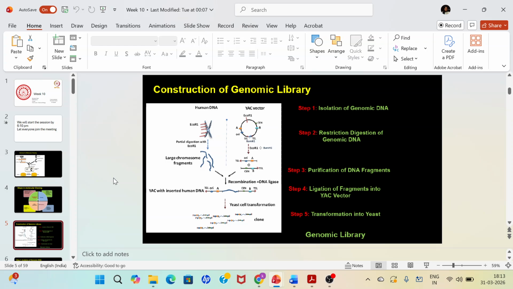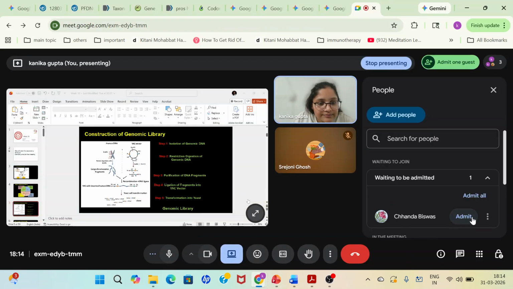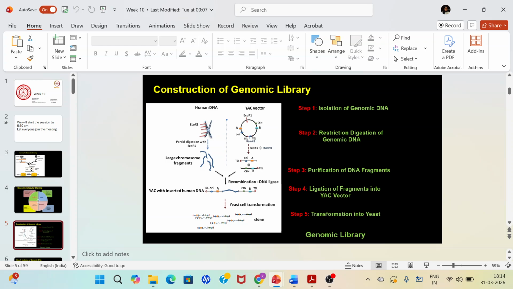Okay, so construction of genomic library, how it is formed. Basically, the isolation of genomic DNA is done, then the restriction digestion of genomic DNA is done, then the purification of DNA fragments is done, and then the ligation of fragments into the suitable vector. Here they have used a yeast vector, so in the yeast vector they have done the ligation part, and then the transformation into the yeast cell, and that is how you form your library.